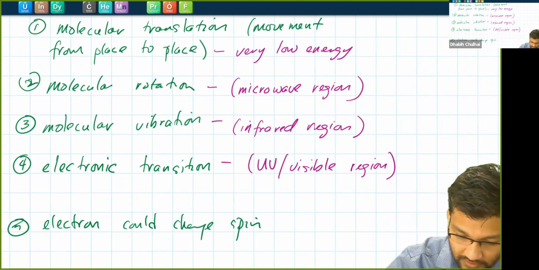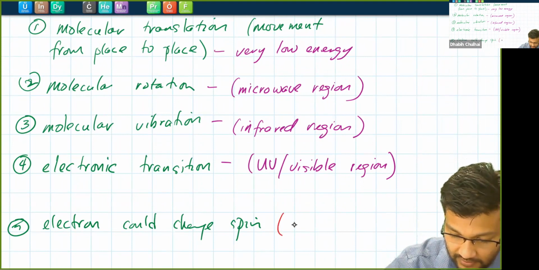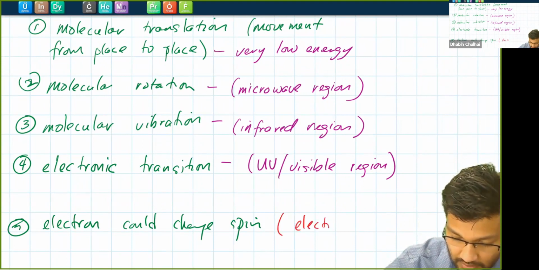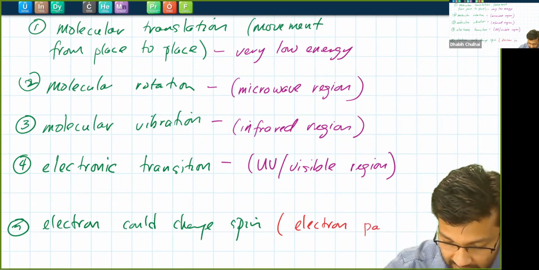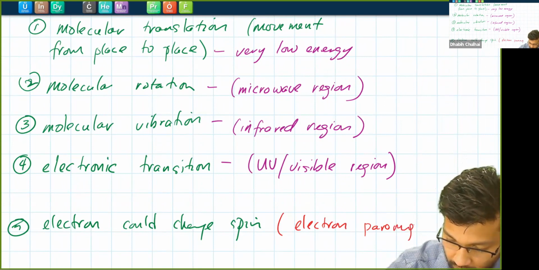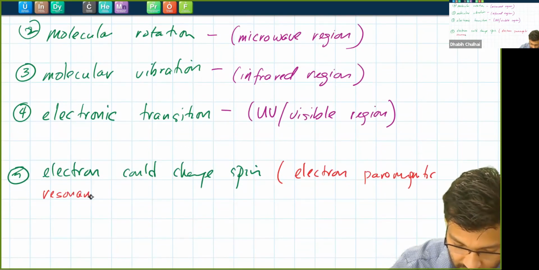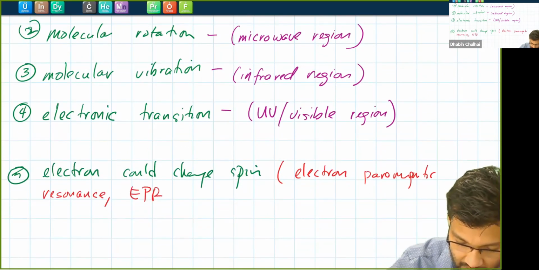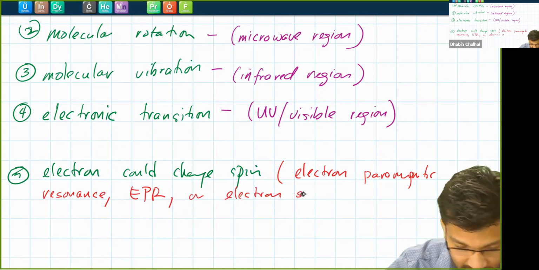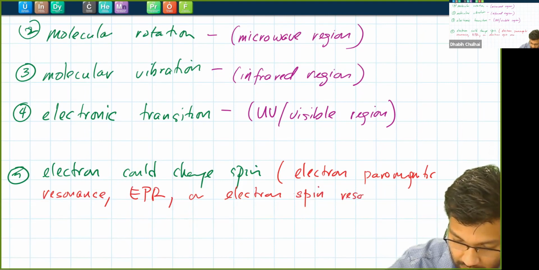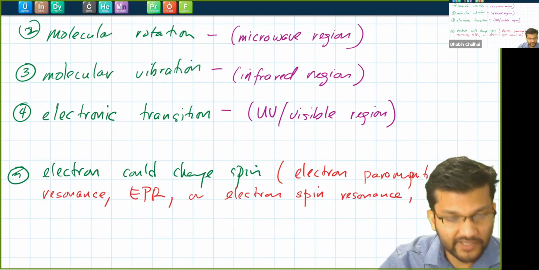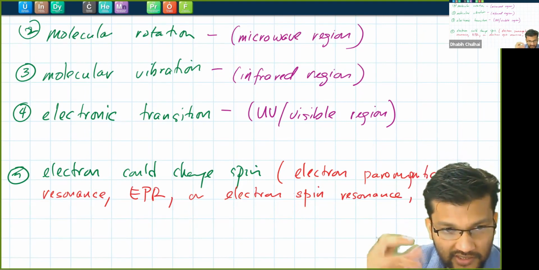When you do so, the type of spectroscopy is called electron paramagnetic resonance, or EPR, or electron spin resonance, or ESR. So these are the types of spectroscopies where you only focus on changing the spin of the electron from one spin to the other.